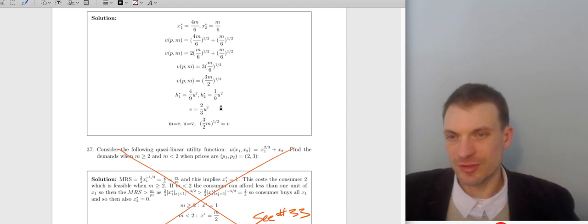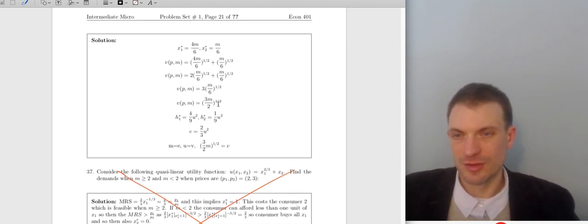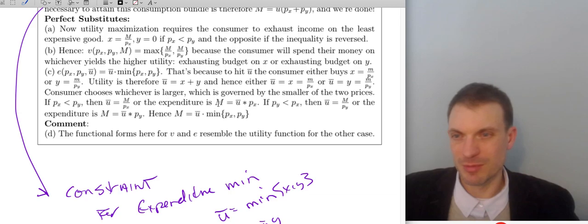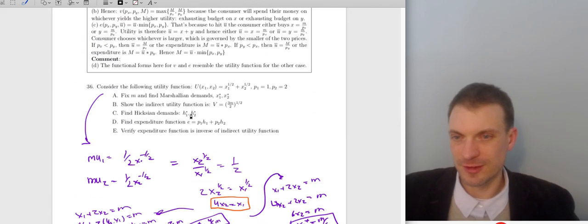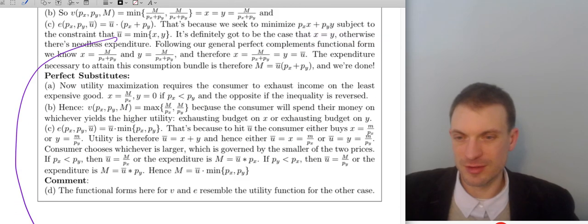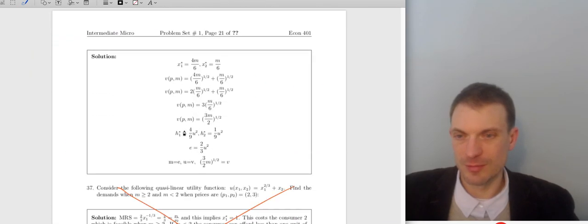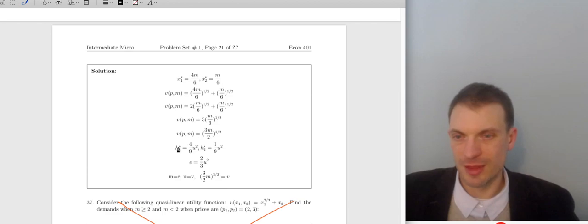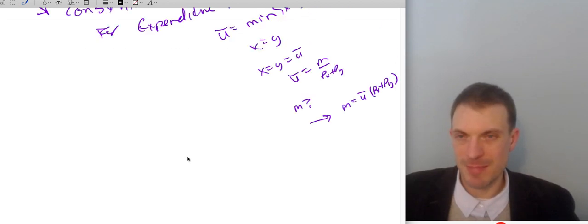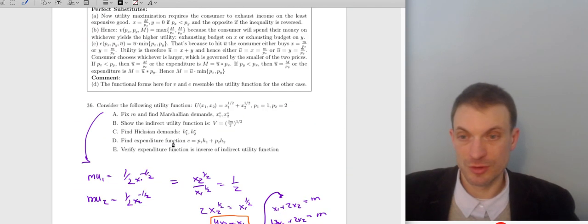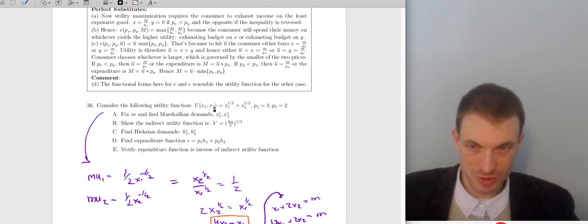Hicksian demands. There we have to solve our expenditure minimization problem. I did not write that out, and I'm not going to be able to do that here. So for Hicksian demands, you'd minimize the expenditure P1 x1 plus P2 x2 subject to the utility constraint.